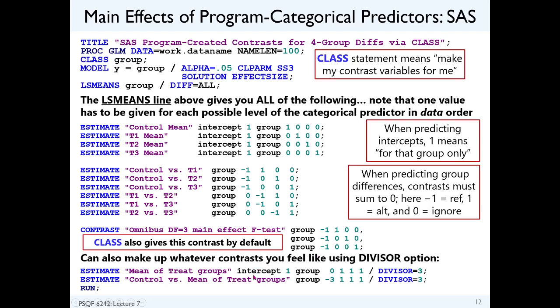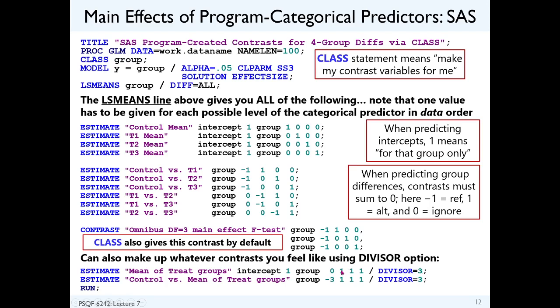And then I'm also demonstrating down here how you would tell it to lump things together across groups. So for instance, if you wanted to build a combined mean that collapses across the three types of treatments and just talk about a treatment group mean, you could do that by putting the control at 0, setting ones to the three treatment group means, and then this divisor option means divide by 3.